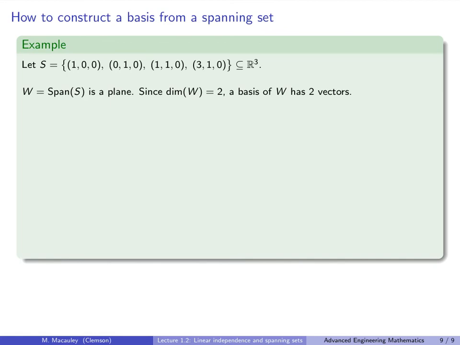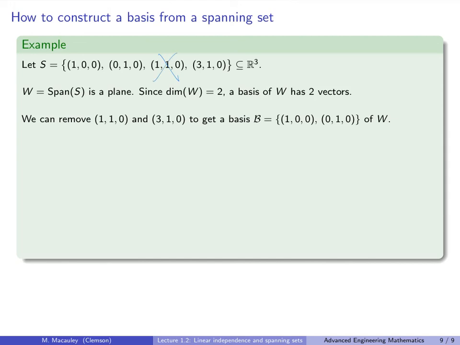So what can we remove? There are many options, but if we want to, we can remove (1, 1, 0) and (3, 1, 0), and we're left with a basis of W, namely (1, 0, 0) and (0, 1, 0). This means that W, the xy plane, is the set of all vectors of the form C1 times (1, 0, 0) plus C2 times (0, 1, 0), where C1 and C2 are arbitrary real numbers.